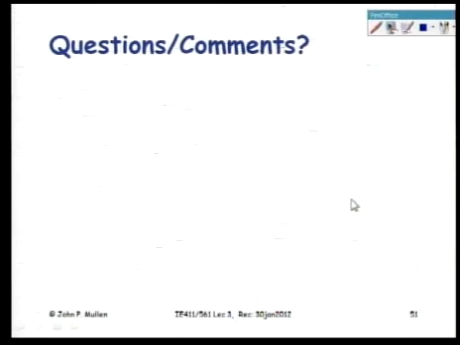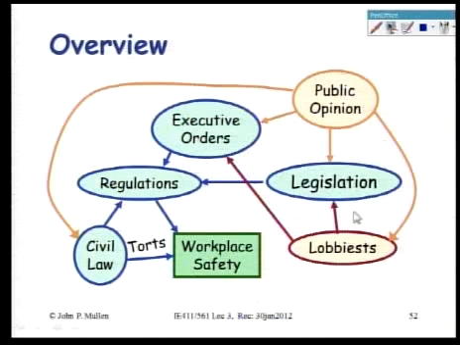All right, so let's look at how all this fits together. We have executive orders, regulations, and legislation. Then there are civil laws. Under civil laws, if we have a tort, we can go to court about this.